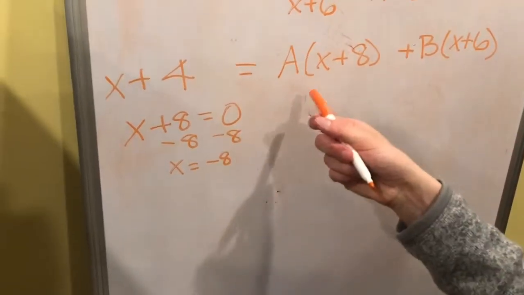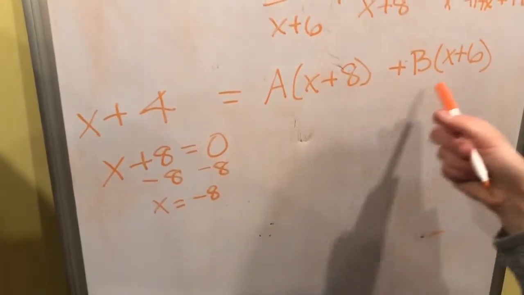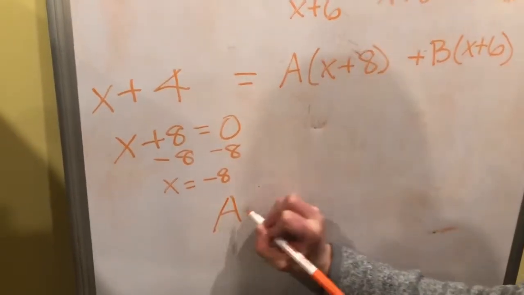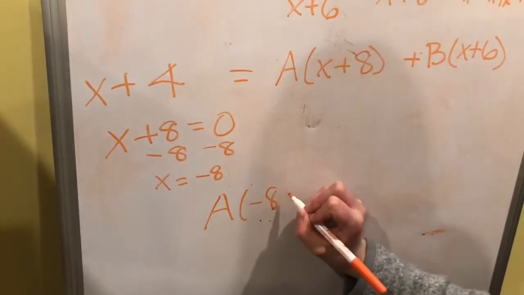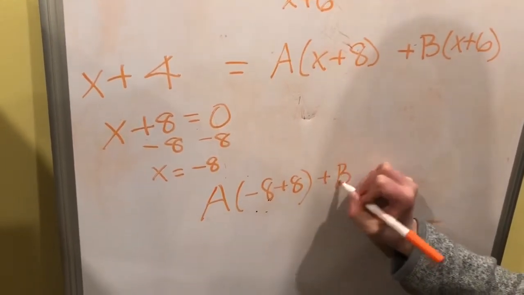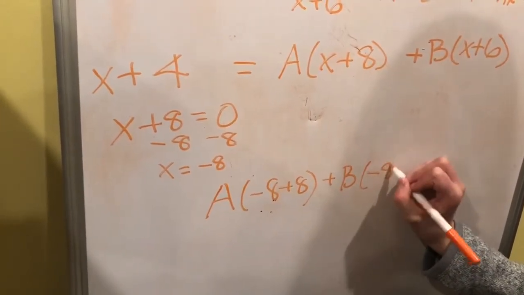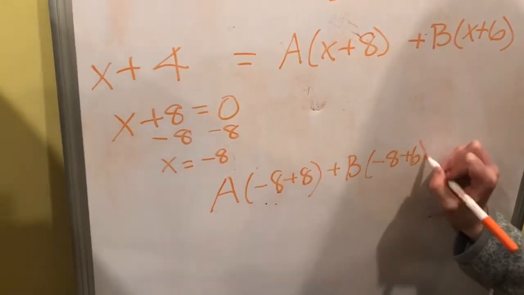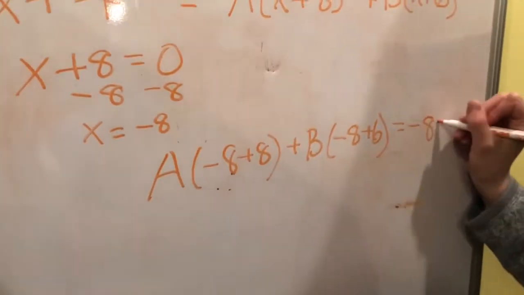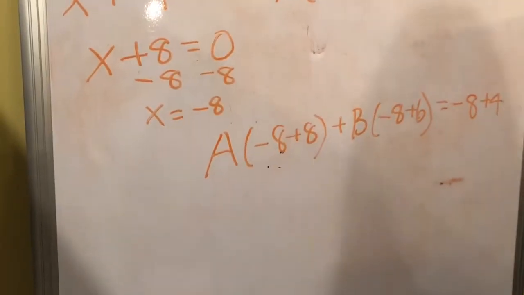So first you set negative 8 for every x in the equation. So A times negative 8 plus 8, plus B times negative 8 plus 6, equals negative 8 plus 4.